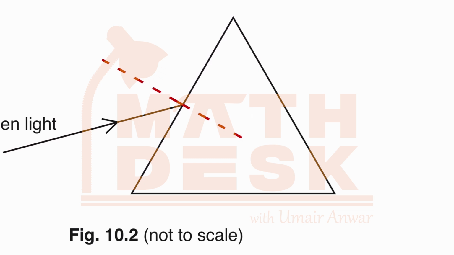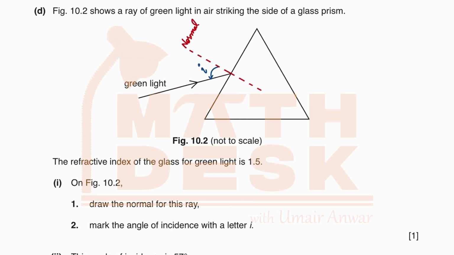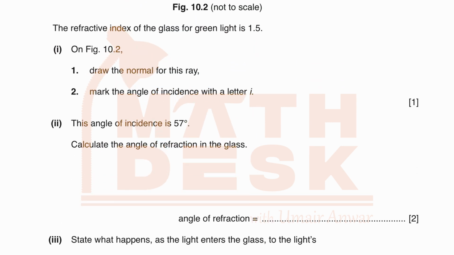So this is the normal, and we could label it over here. It is the imaginary line or the dotted line which is perpendicular to the striking surface of the medium, or the boundary of the two mediums. So the angle of incidence would be measured from the normal to the incident ray. So this is the labeling of the incident ray with the letter I.